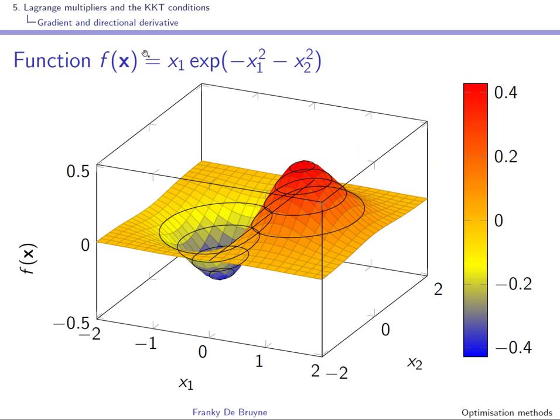Well, let us consider the function f of x, that is a scalar function that acts on a vector x that is in R squared, so 2 variables, and as you can see we have to work in 3 dimensions to represent this function. You can see here the 3-dimensional surface, and we have shown here several of the level curves in this 3-dimensional plot.